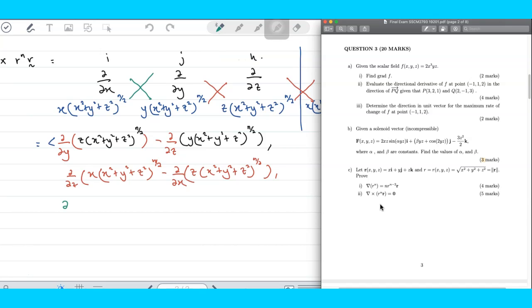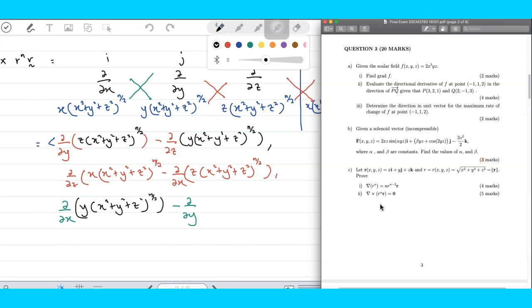So you have del x of y times (x squared plus y squared plus z squared) to the power of n over 2, minus del y of x times (x squared plus y squared plus z squared) to the power of n over 2.